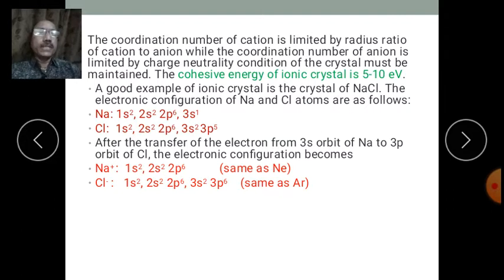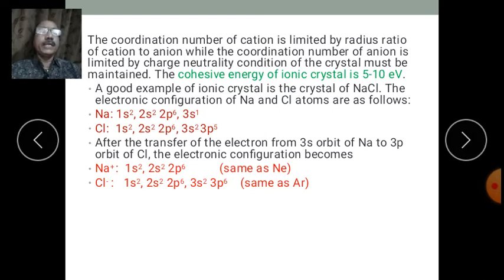We have studied what is meant by coordination number in the previous chapter. The number of atoms surrounding each atom is called the coordination number. So the coordination number of cation is limited by the radius ratio of cation to anion, while the coordination number of anion is limited by the charge neutrality condition.